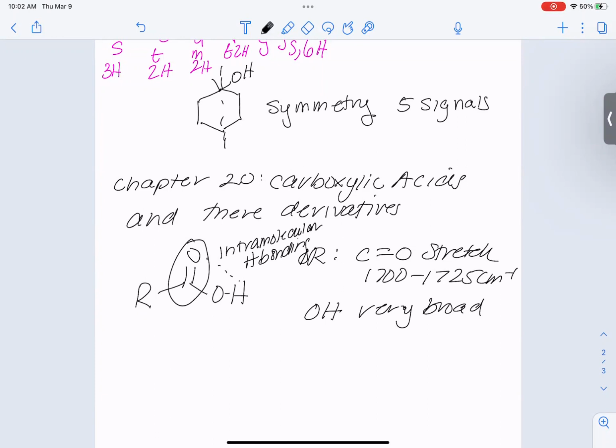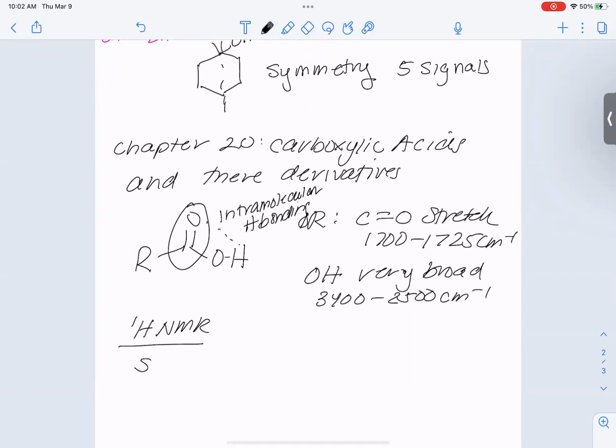You could see this type of stretch go from about 3,400 to 2,500 wave numbers, really broad. In the proton NMR, you're going to have a singlet for the carboxylic acid hydrogen that's between 10 and 13 ppm.